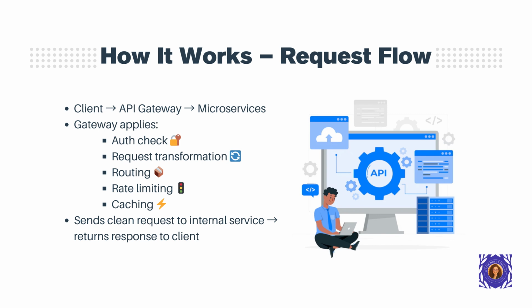It might also apply rate limiting to prevent any single client from overwhelming your system, and it could cache responses to improve performance. After all this processing, it sends a clean request to the internal service, gets the response, and returns it to the client. This entire process is transparent to the end user, who just sees a simple request and response.